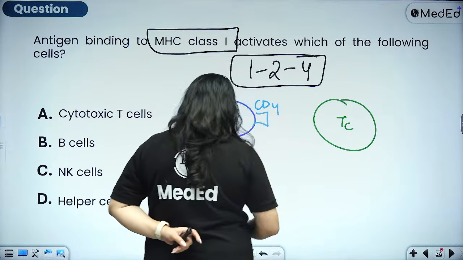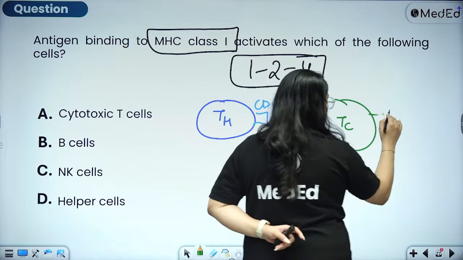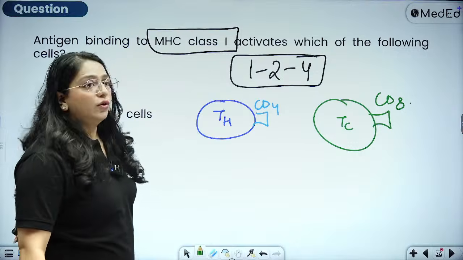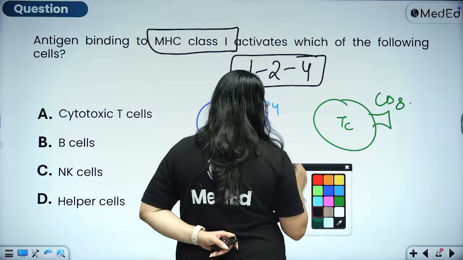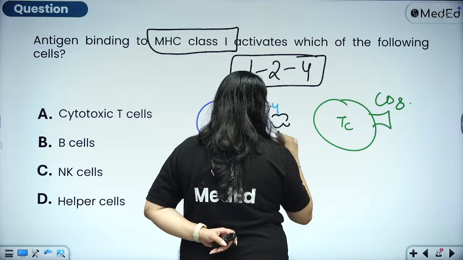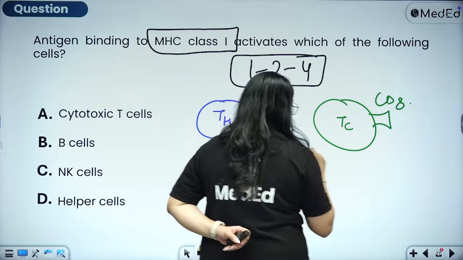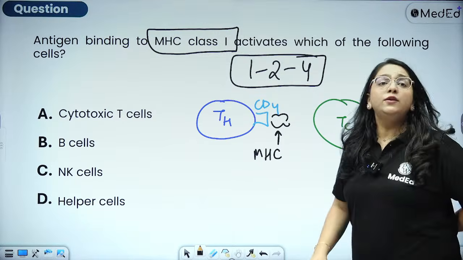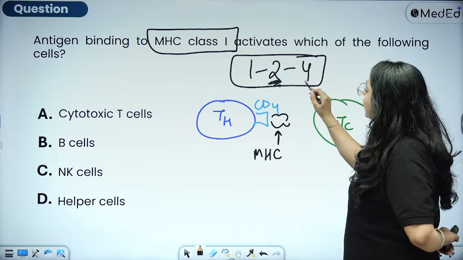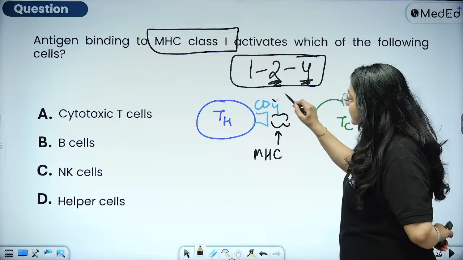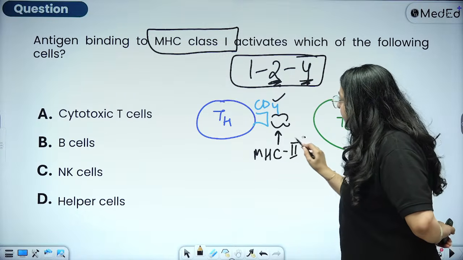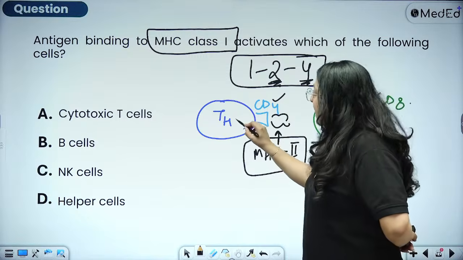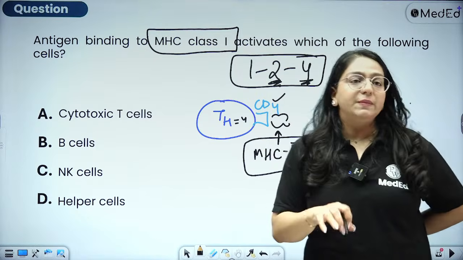this is a CD4 receptor and this is a CD8 receptor. So if it is 1 2 ka 4, then which MHC is going to come here, and which MHC is going to come here? 1 2 ka 4, so 2 ka 4: 2 is followed by 4, so which MHC binds to CD4? MHC2 will bind to CD4. The H of helper itself looks like 4, so you can remember that it is CD4.